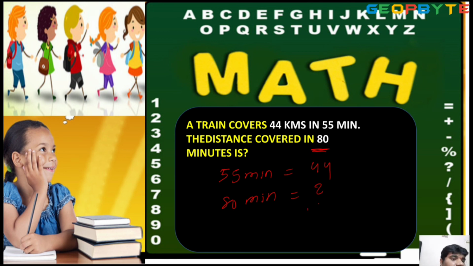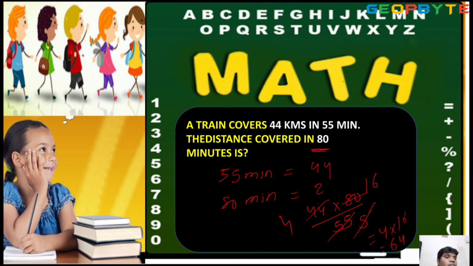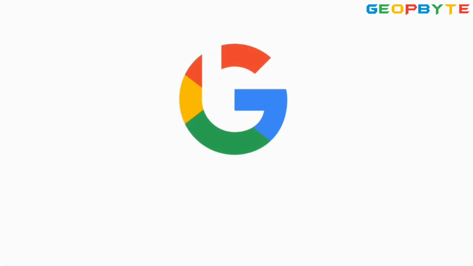Direct answer, cross multiply 44 into 80 upon 55. 11 fives, 11 fours, 5 sixteens, 4 sixteens, so the answer is 64 kilometers. Okay, children. Geobyte.